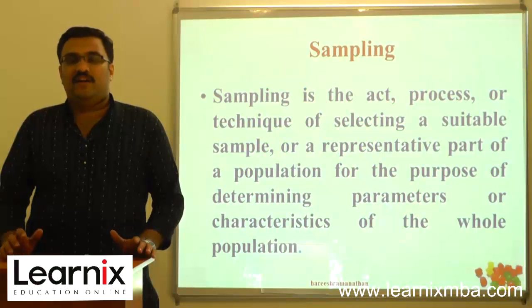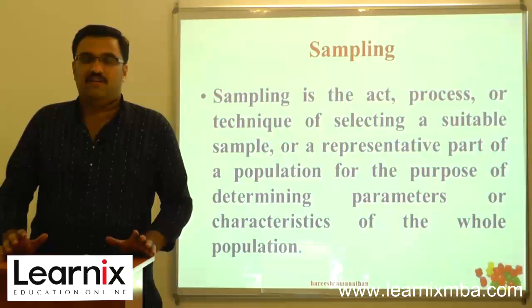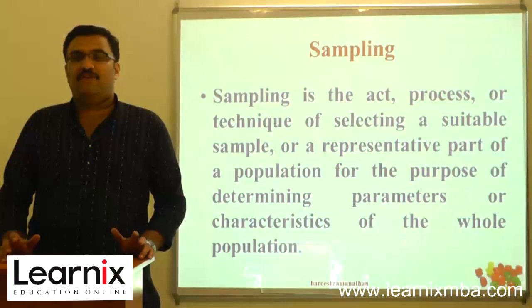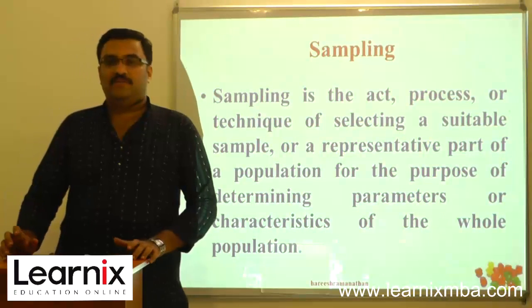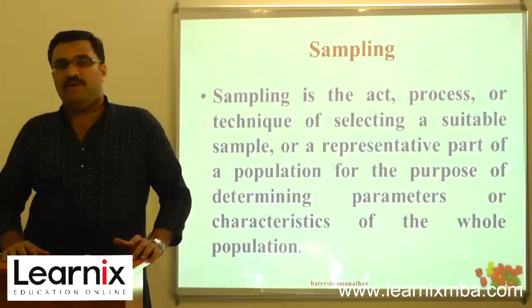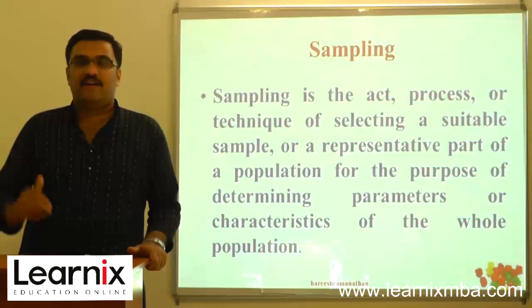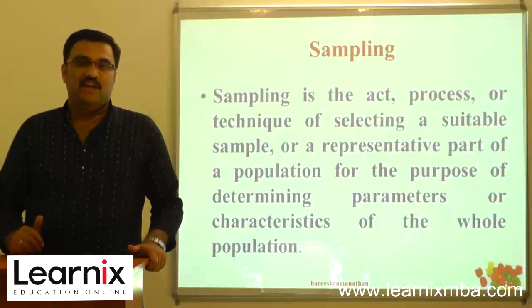We will be conducting research on the samples, and we will be plowing back or incorporating the results that we find from the sample to the whole population. This is the usual practice.